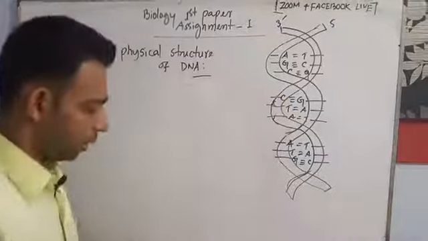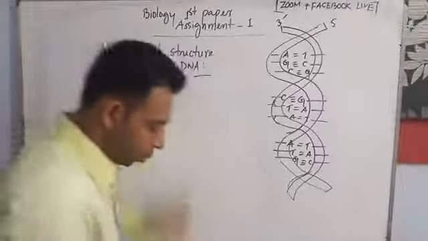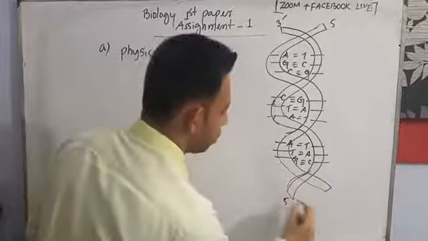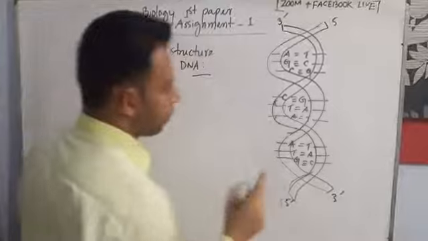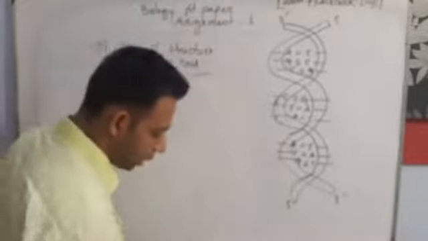What will we write there? You can see 5 prime to 3 prime there, and look here, some points we will mention in accordance with a complete twist.